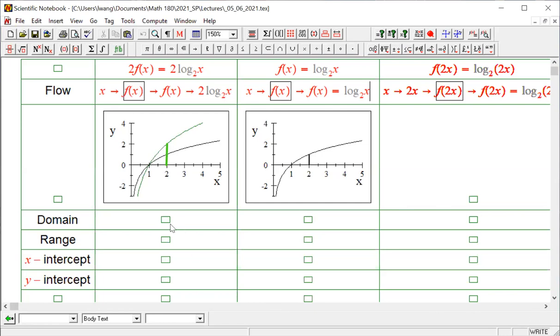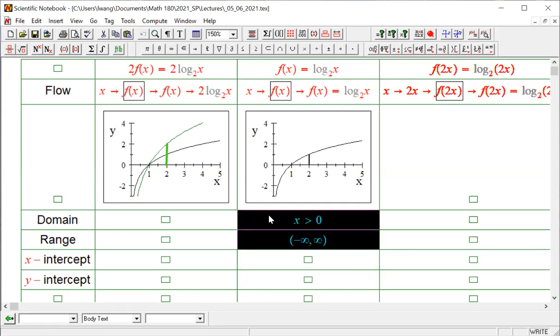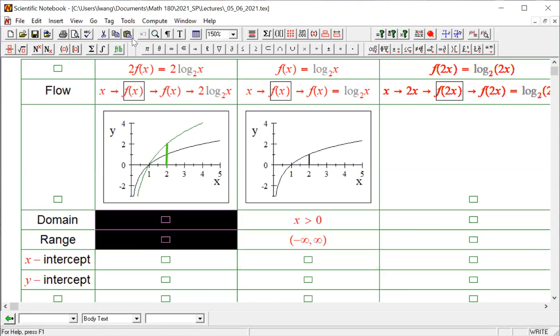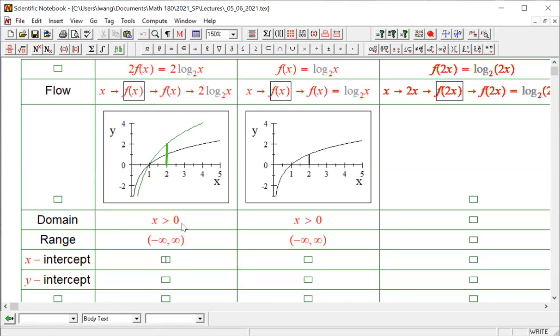Okay, and let's look at the domain. What is a domain? Still greater than zero, right? The domain and range haven't changed, same, right? How about X intercept? Still the same.